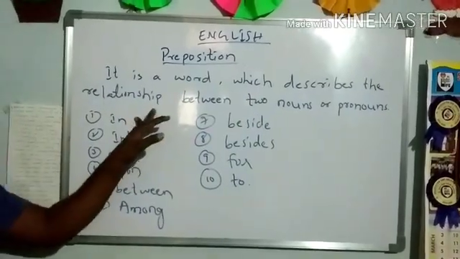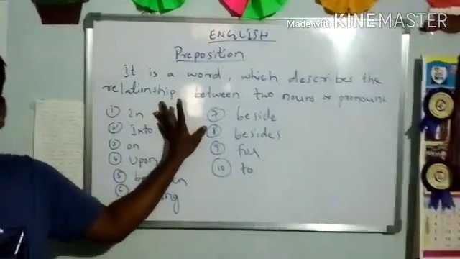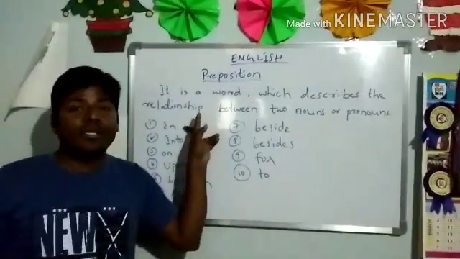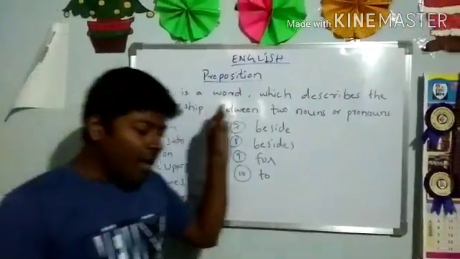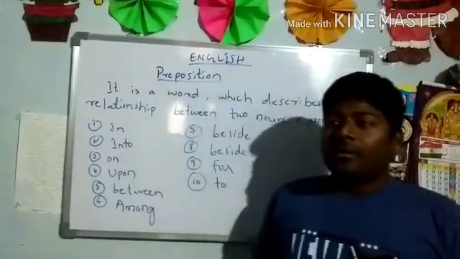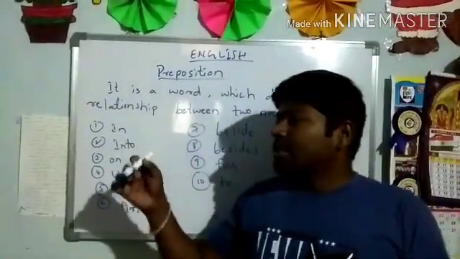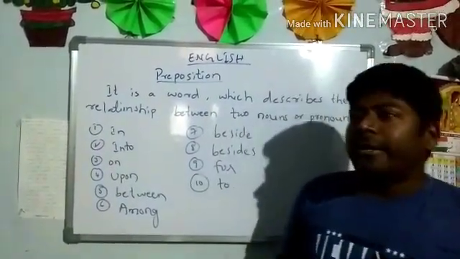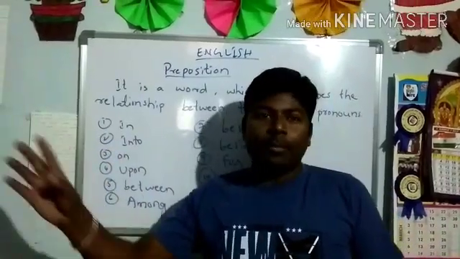So, in is a preposition. We use it before villages, before city names, before country names. For suppose, Charminar is located in Hyderabad.